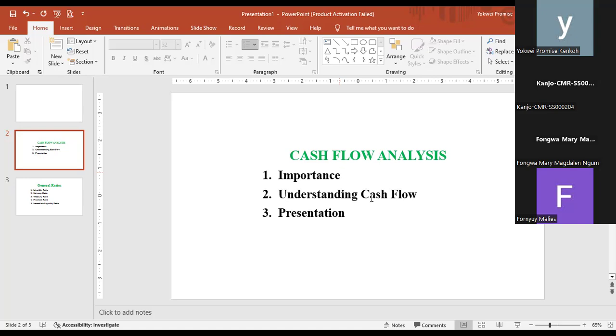Yes, sir, this is all about the slides, these three points that we are talking of. It shows the inflows and outflows in the organization. It means that it helps you to know the current cash situation in the organization. That's one of its importance.